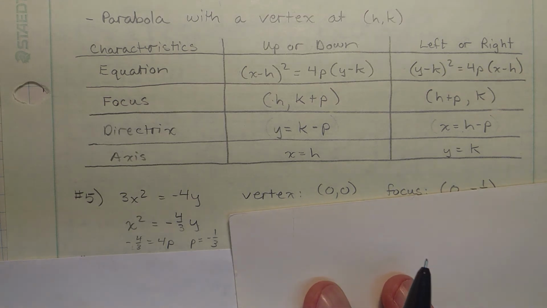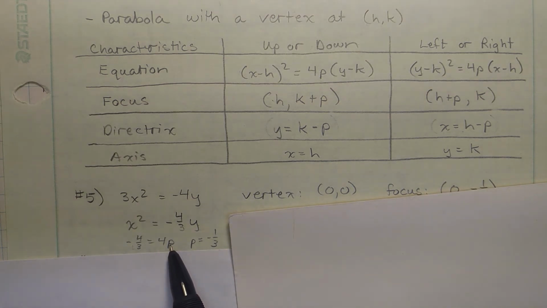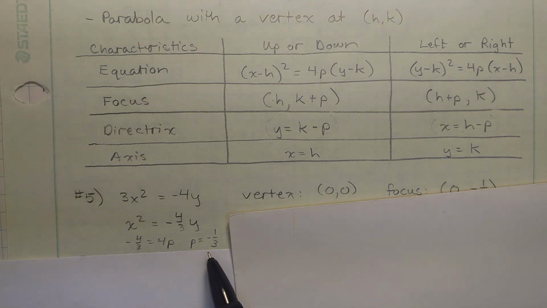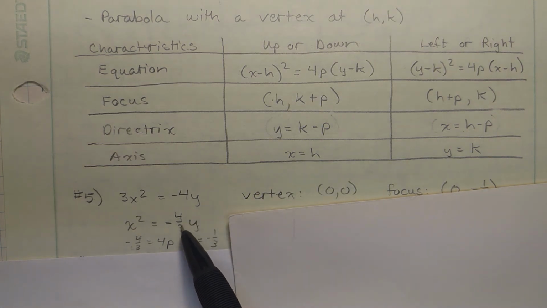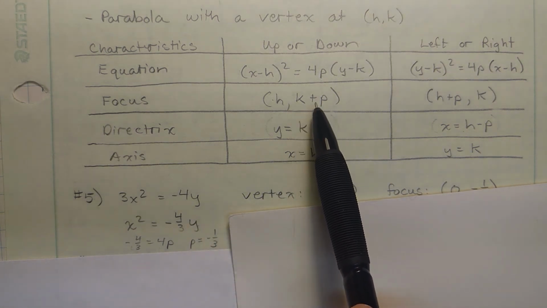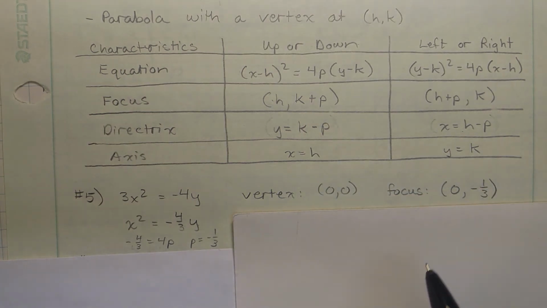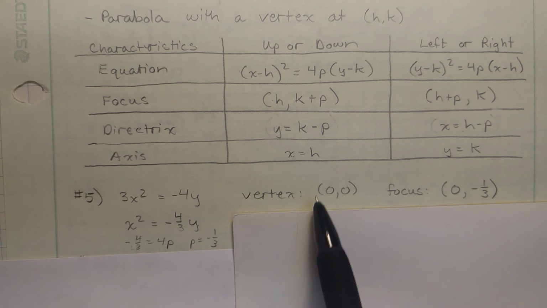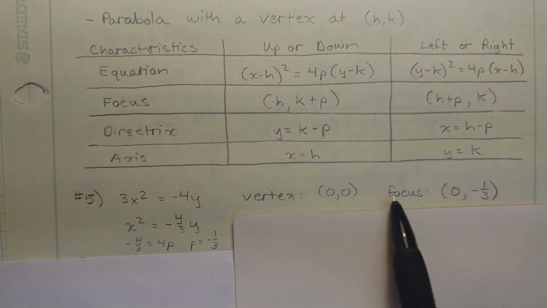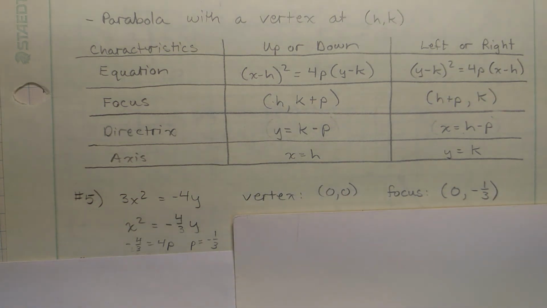Negative 4/3 equals 4p. So if I divide by 4, I see that p is negative 1/3. So for my focus, I must simply go negative 1/3, added to my k, which is 0. So my focus is 0 for h, same h, and I add negative 1/3 to 0 and get negative 1/3 there.